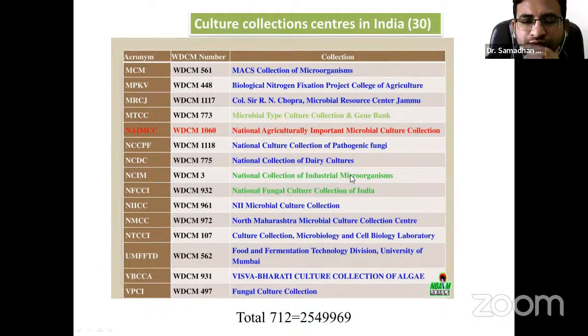The National Collection of Industrial Microorganisms is located in Pune. The National Collection of Dairy Cultures is located in Haryana. The National Culture Collection of Pathogenic Fungus may be in Pune. Then the Microbial Type Culture Collection is in Chandigarh, at IMTECH, a CSIR institute. Likewise, your MPKV has the biological nitrogen fixation project collection of agriculture.